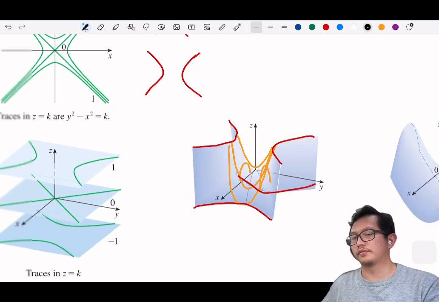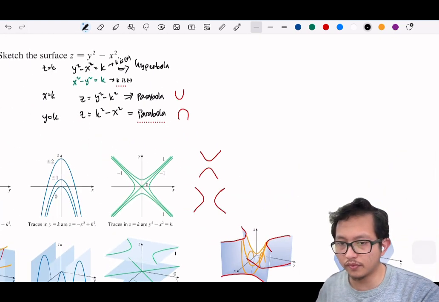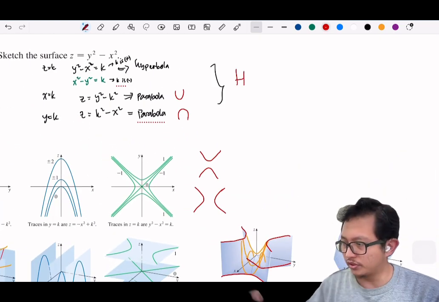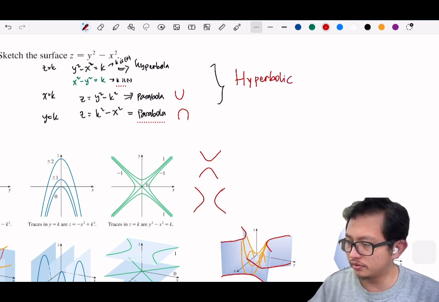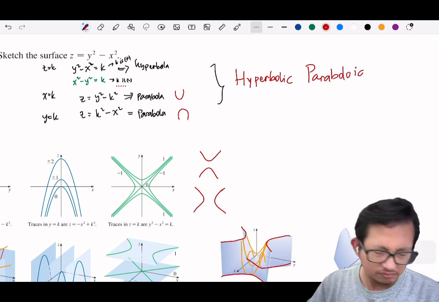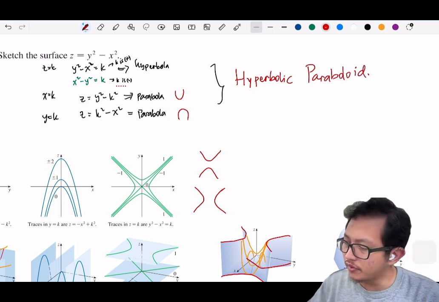So this is a hyperbola and parabola: a hyperbolic paraboloid.